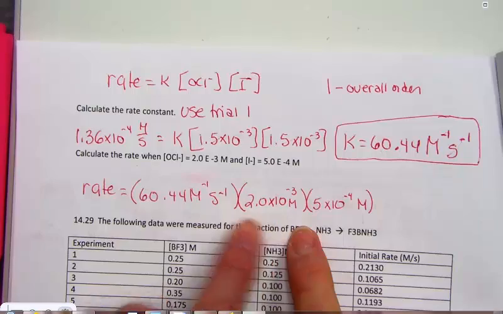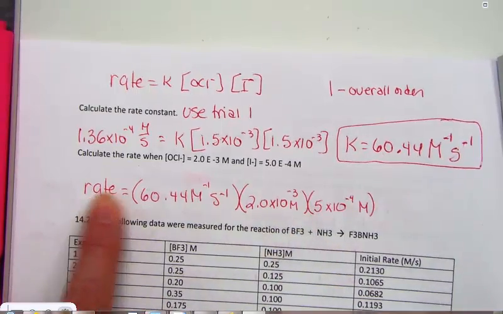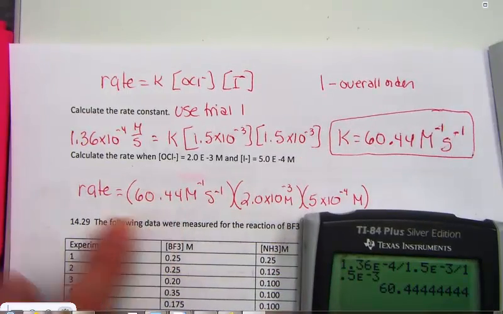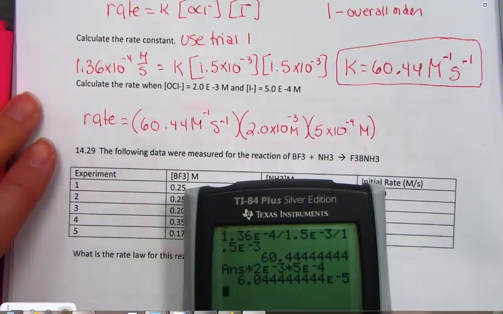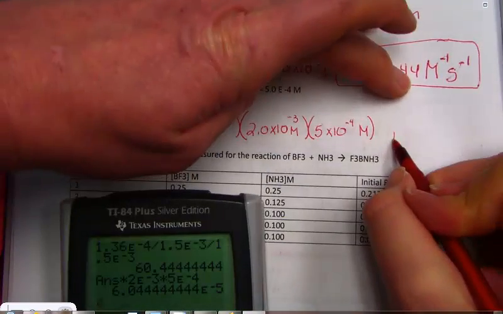I'm not going to run this trial, but I can calculate the rate knowing the rate constant. So 60.44 times 2E -3 times 5E -4. We get a value of 6.04 times 10 to the -5th.